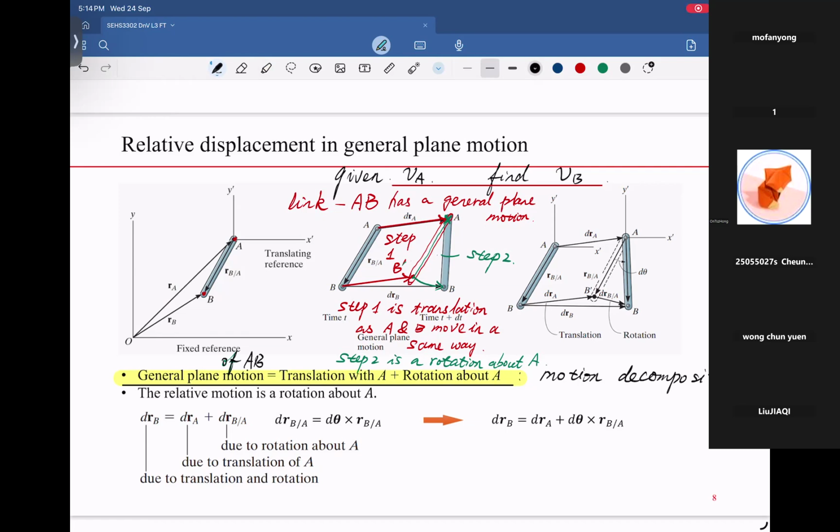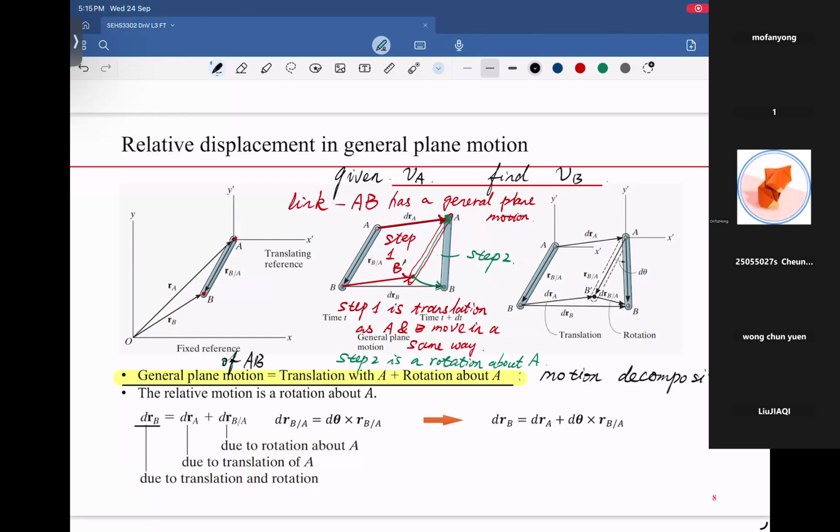Okay, let's see. If we know step 1 and step 2, we can have a motion like this. So let's look at the motion of particle B. Particle B has two parts.